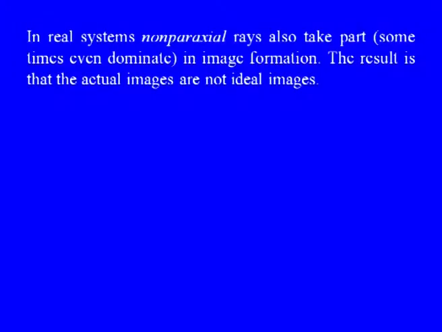In real systems, however, non-paraxial rays also take part. These are the marginal rays, or rays making a larger angle with the axis. They also take part, sometimes even dominate in the image formation. The result is that the actual images are not ideal images.